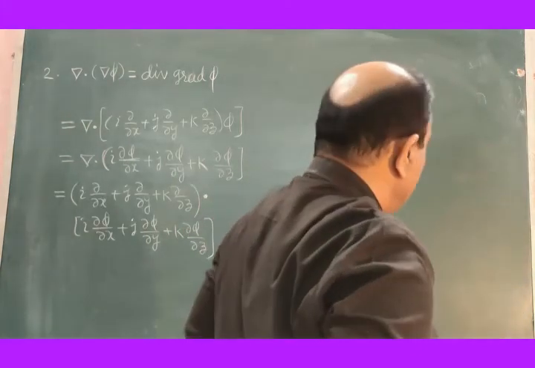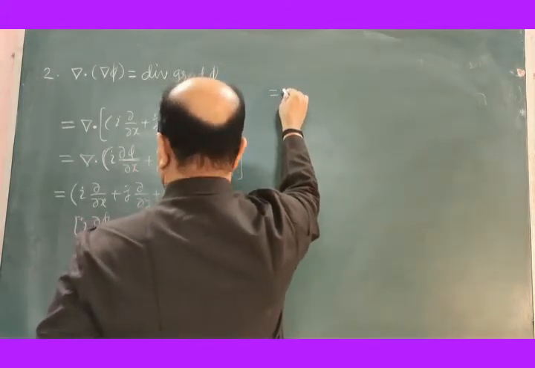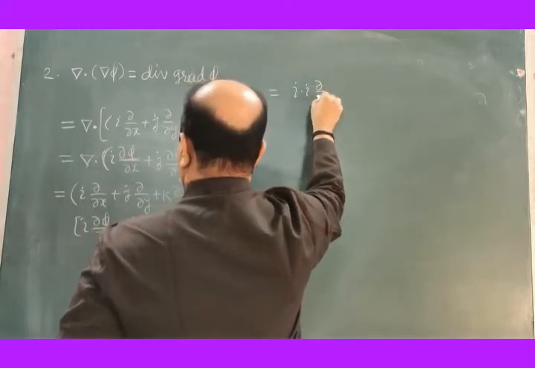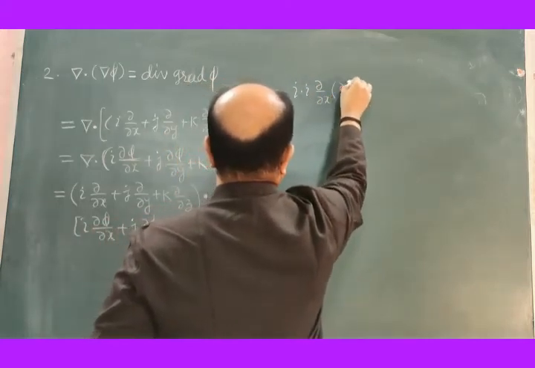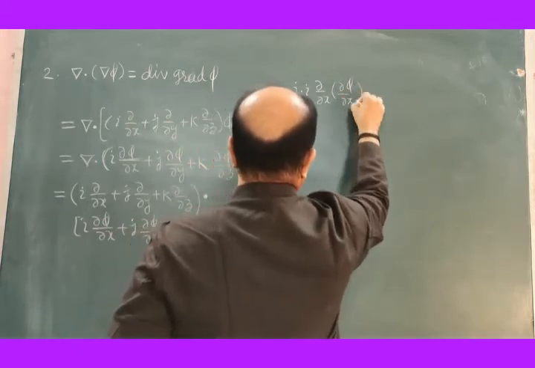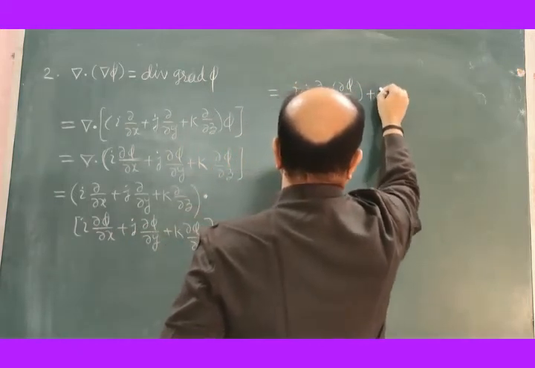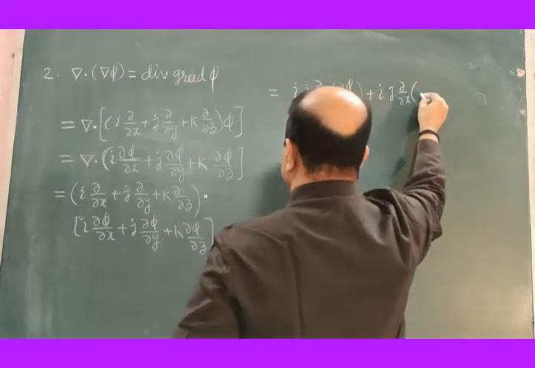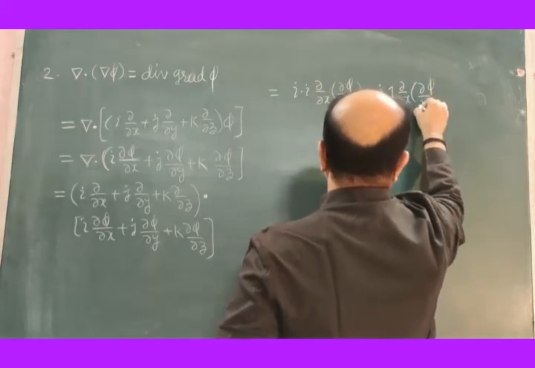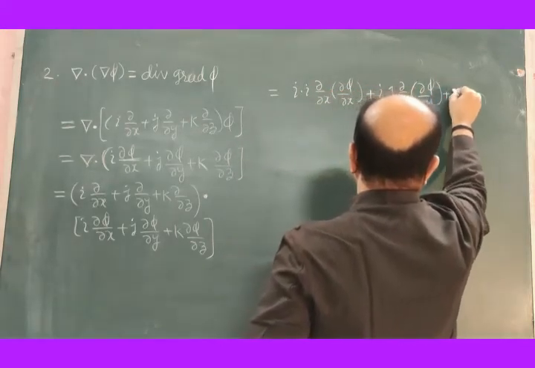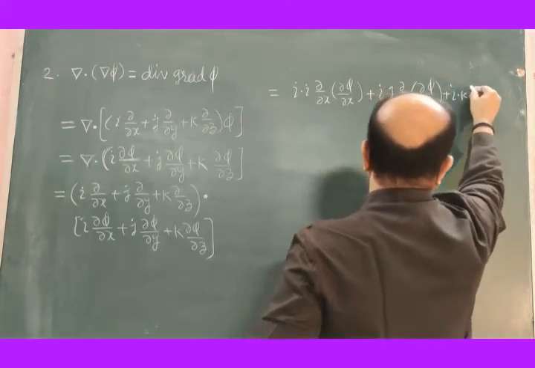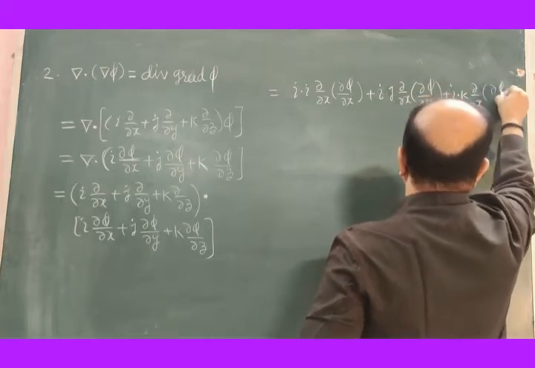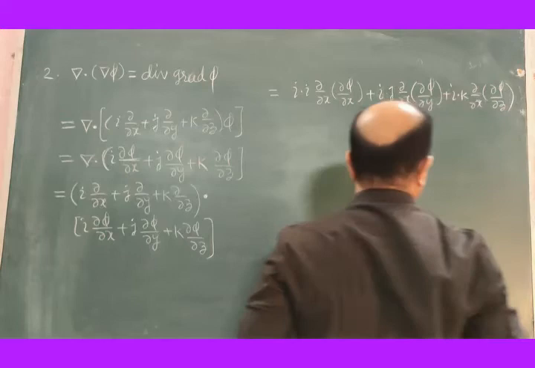That is equal to i dot i ∂/∂x of ∂φ/∂x plus i dot j ∂/∂x of ∂φ/∂y plus i dot k ∂/∂x of ∂φ/∂z.